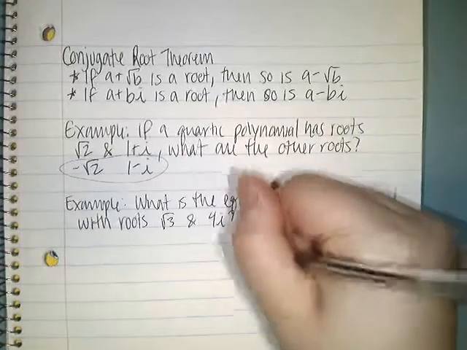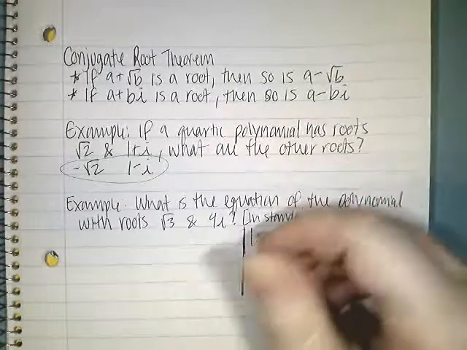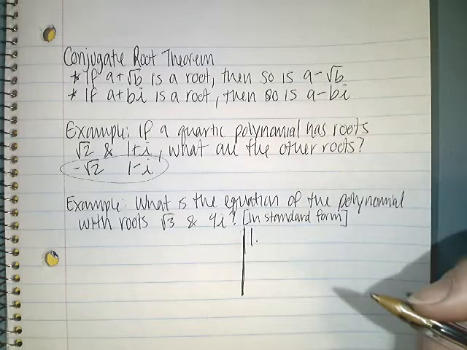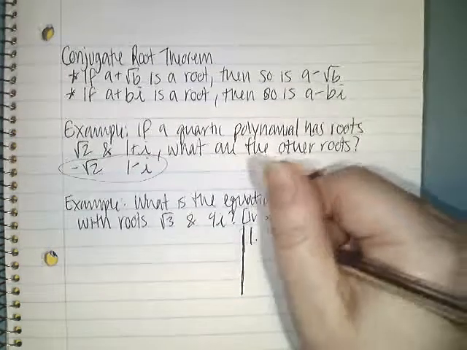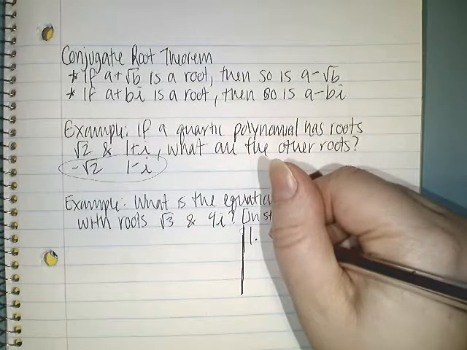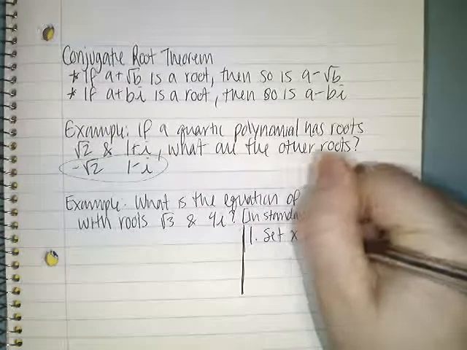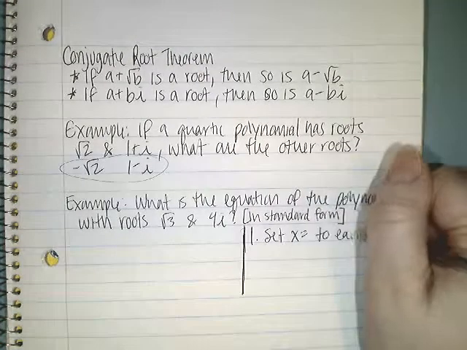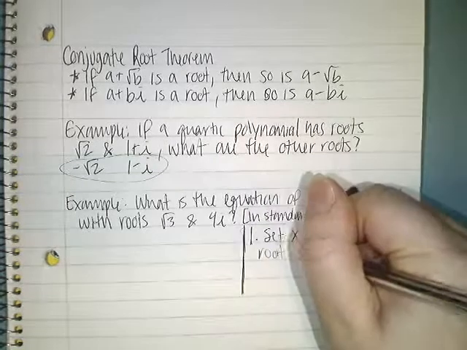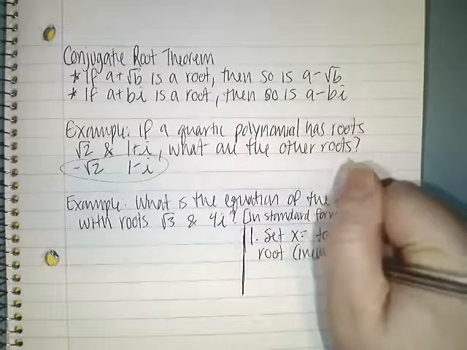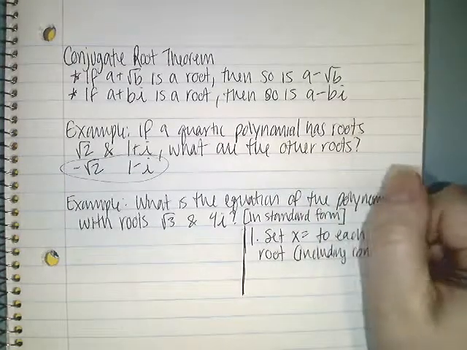But what we're going to do is start by building out our possible solutions. So we're going to set x equal to each root, including the conjugate roots.